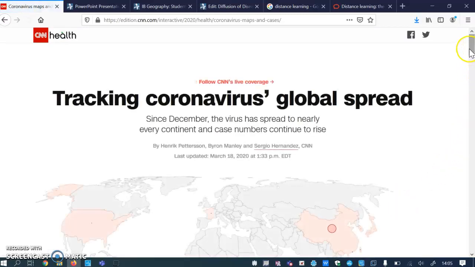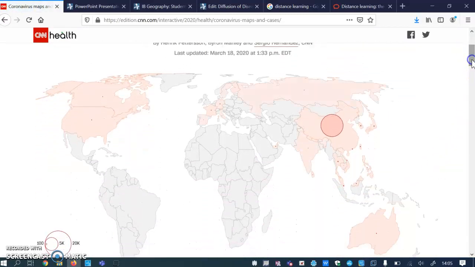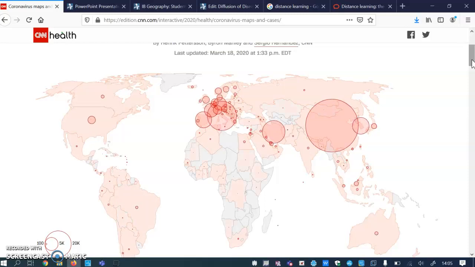So if we bring that one up there, we see COVID-19, of course, emerging in central China, but then quickly moving and spreading across the global network. And then we see South Korea, we see Iran, we see the explosion of cases currently experienced in Italy.